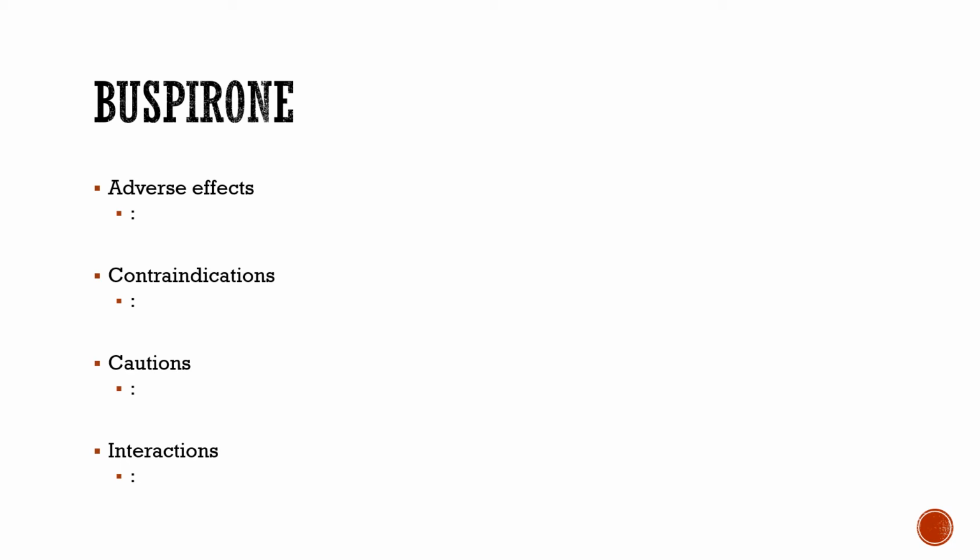Contraindicated. Well, the contraindication and the interaction go hand in hand. The interaction is MAOI. There are other interactions we'll talk about, but you cannot take this concurrently with an MAOI at all. And in fact, you have to wait 2 weeks between an MAOI and buspirone use.